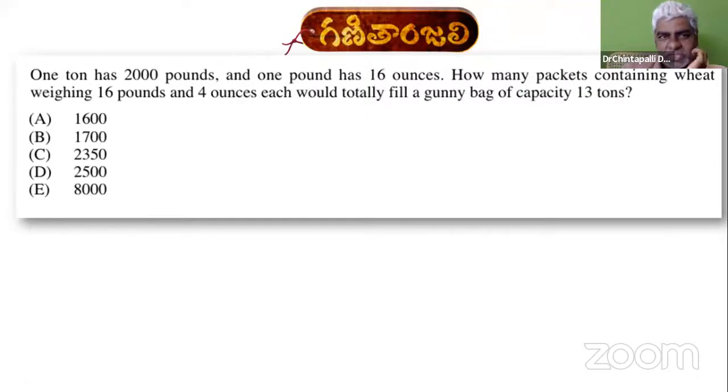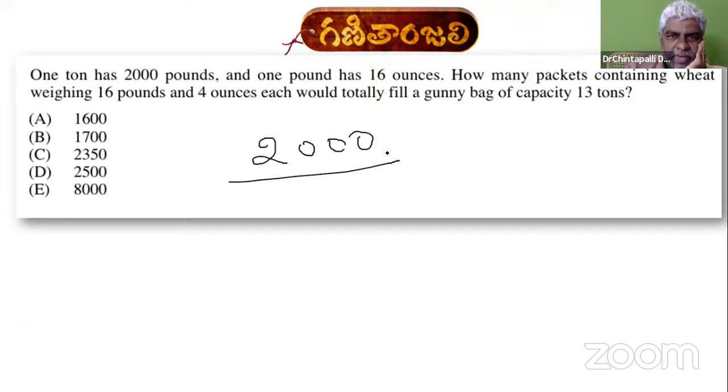1 ton has 2,000 pounds and 1 pound has 16 ounces. How many packets containing the wheat? We need 2,000 pounds per ton, and just divide by the weight of each bag, 16 pounds, 4 ounces.